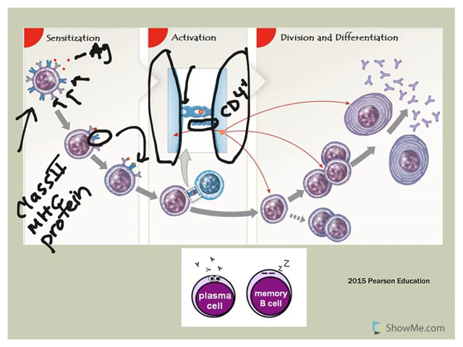So we have an activated helper T cell, and right here is that receptor that's specific for that particular antigen. So we have a B cell that's sensitized. We have an activated helper T cell that says, yep, I'm activated because of that antigen. You need to start working.